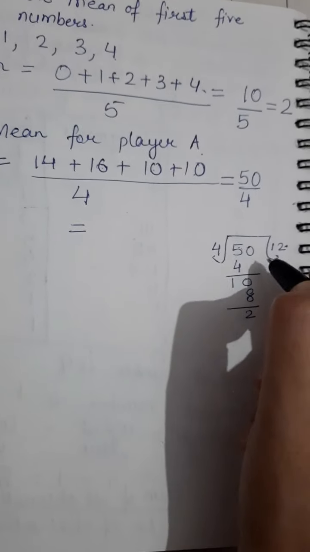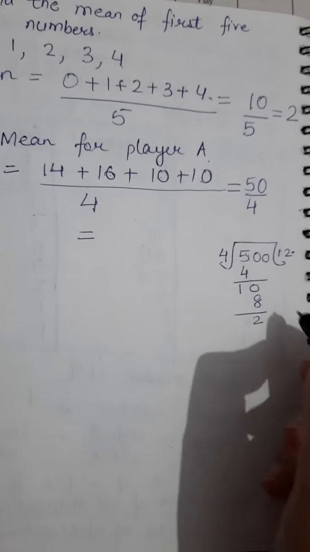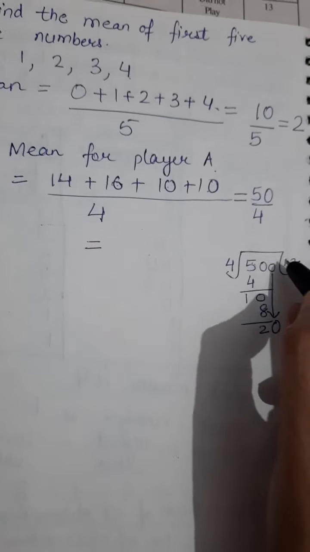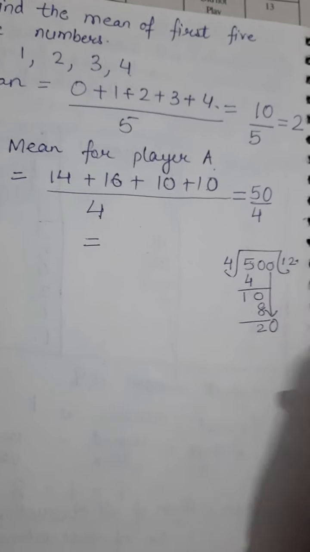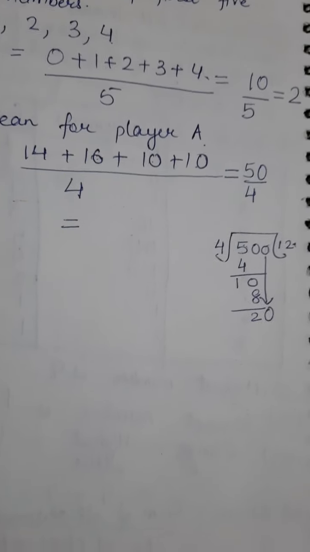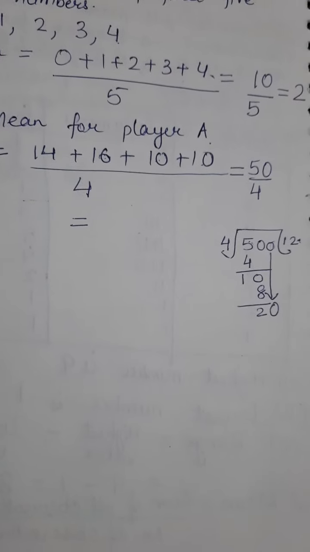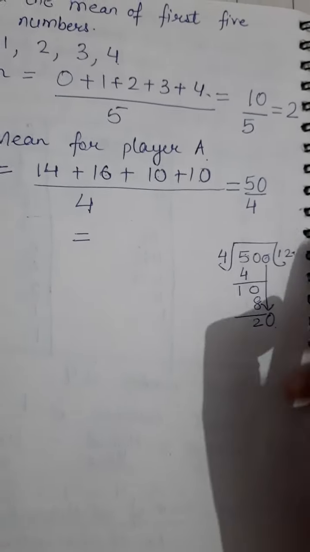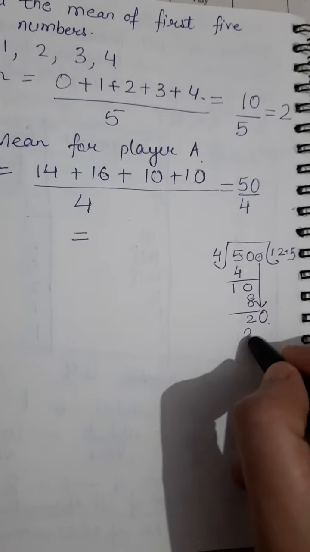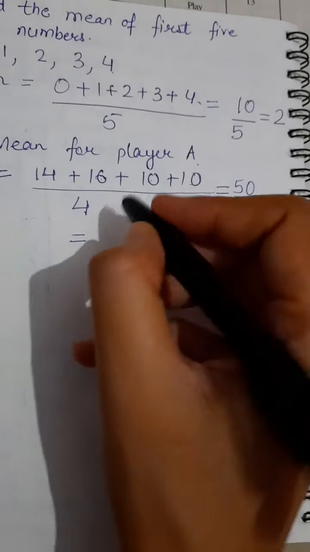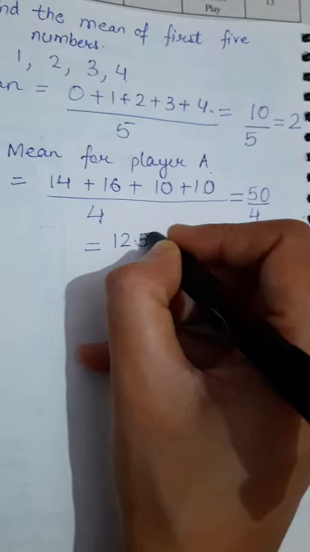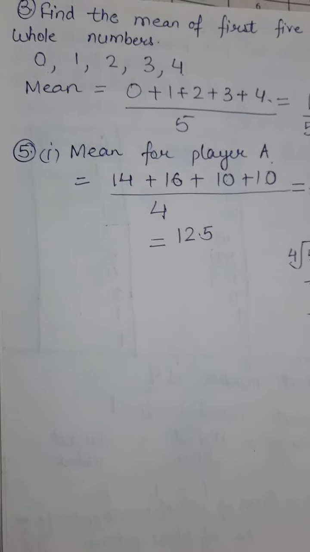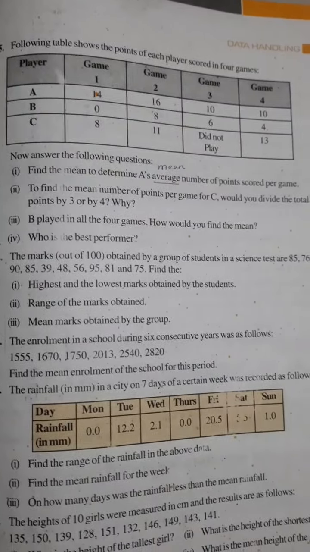When we put a decimal, we can take a 0 from here. A 0 will come down. When we put a decimal, we can take as many zeros as we want, but one 0 at a time. Now when we bring 0 down, 4 fives are 20. So our answer will be 12.5. So 12.5 is the mean for player A.